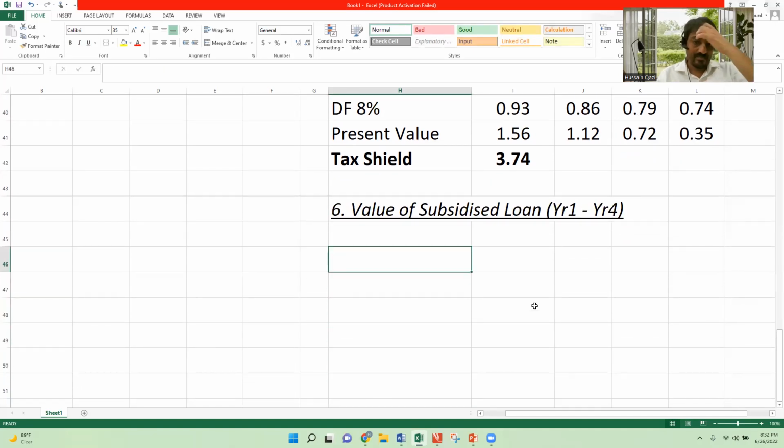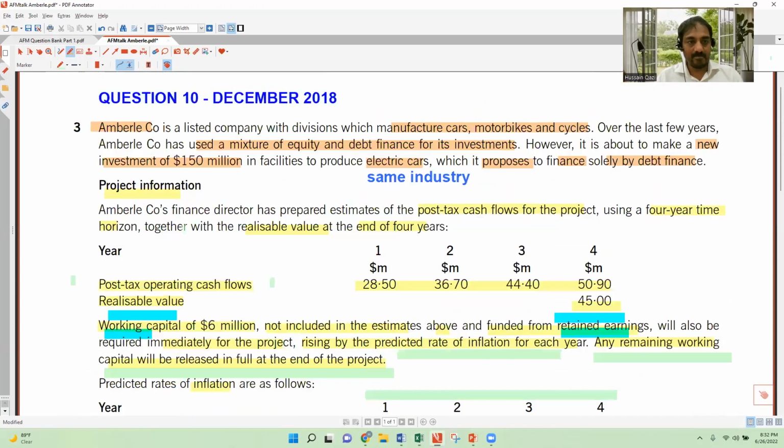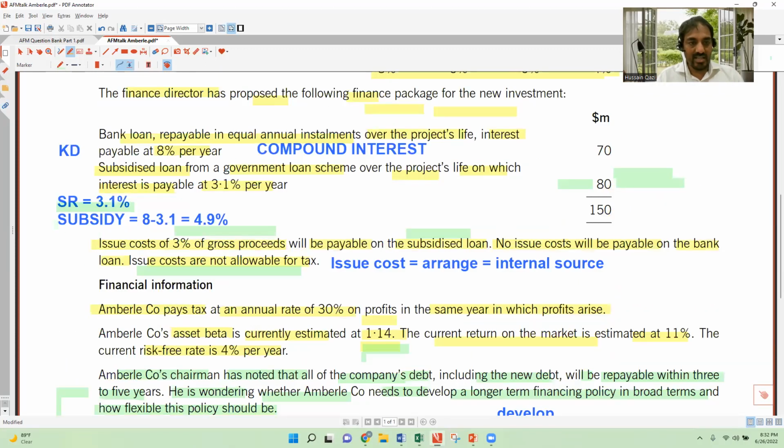Now very simple. Number one, how much is the subsidy? Subsidy is 8 minus 3.1, that is 4.9%.